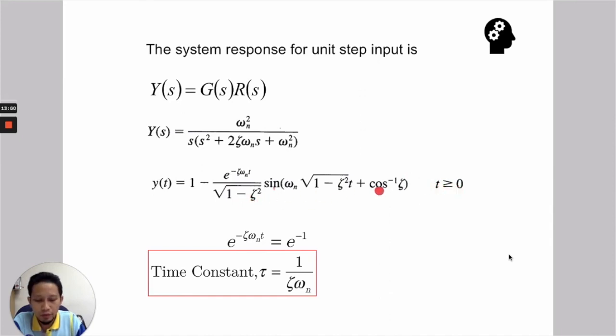Okay, we can actually find the time constant for this formula. So we know that here we have exponential negative zeta omega n t.